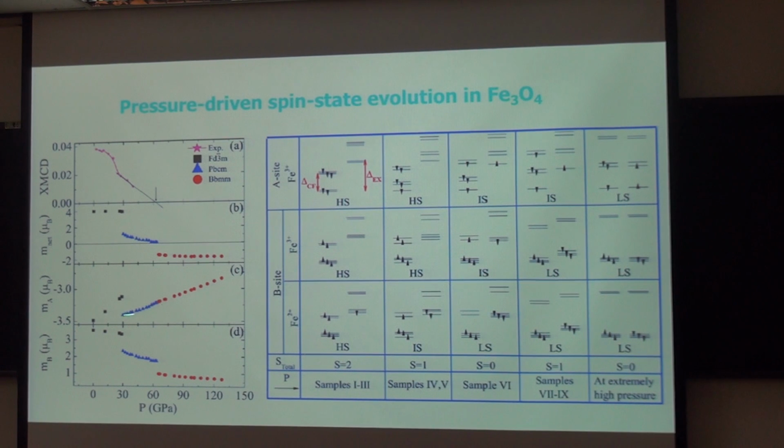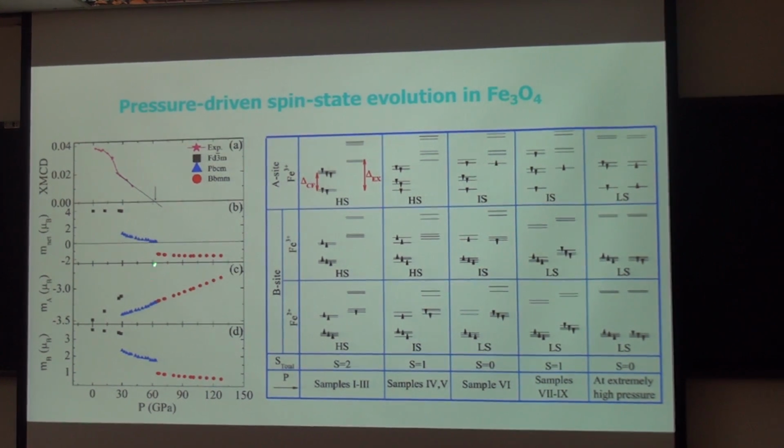That is, even though in both sublattices the localized moment decreases as pressure increases, the net magnetic moment, which is the subtraction of the two sublattices, will recover a finite value. Unless we apply extremely high pressure, at which both the A site and B site are in a low spin state, the system will be non-magnetic.